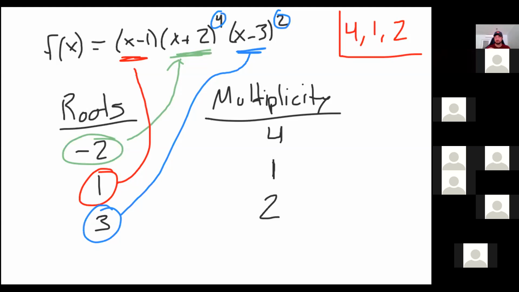All right. So the reason why, when we're studying how to sketch these graphs, we care about multiplicity is because when we look at the multiplicity of a root, it tells us what the graph's behavior is going to be like at that root.